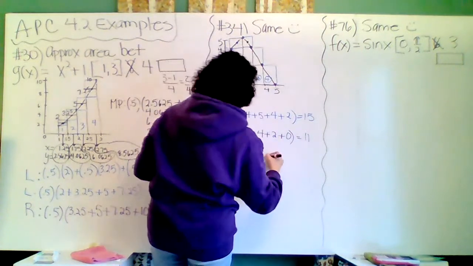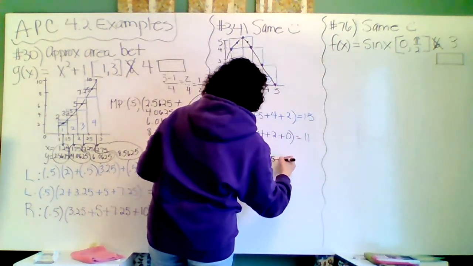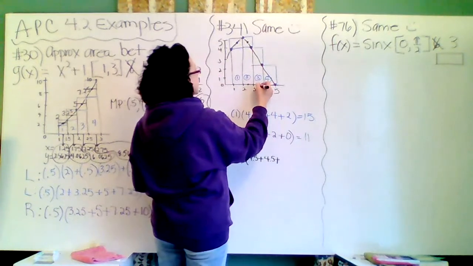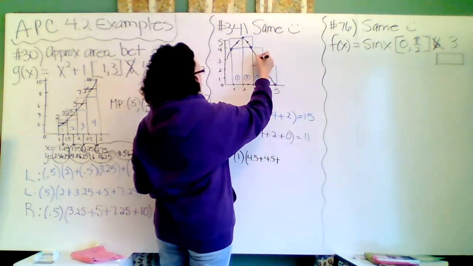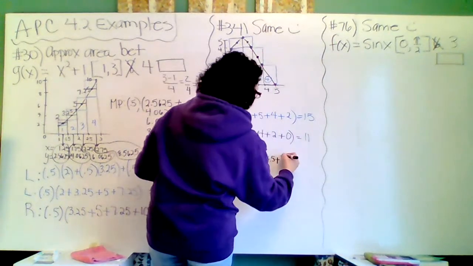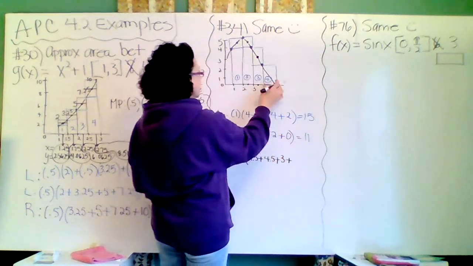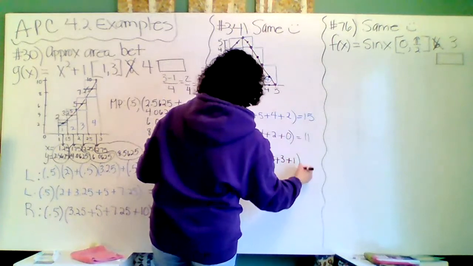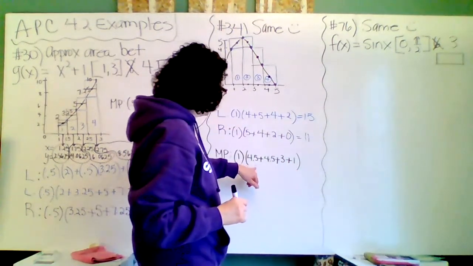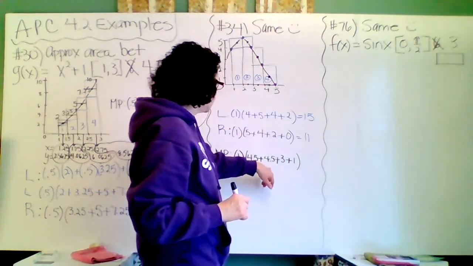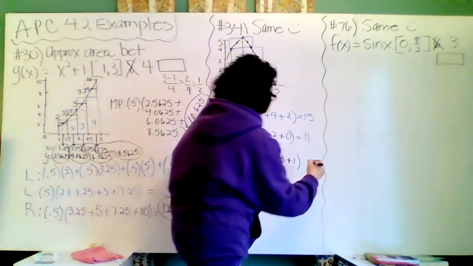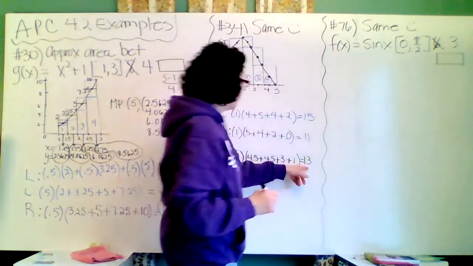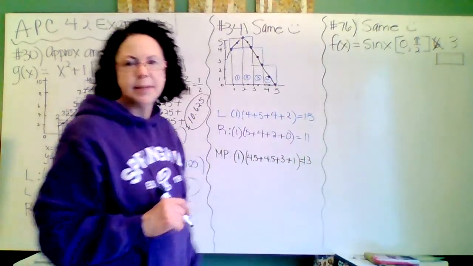The height looks like, again, about a 4.5. Third rectangle, middle X, go straight up. Middle Y looks like a height of 3. Plus last rectangle, middle X, go up, looks like about a height of 1. So let's see, that gives me about 9, 10, 11, 12, 13. Look at that, right in between the left and the right.